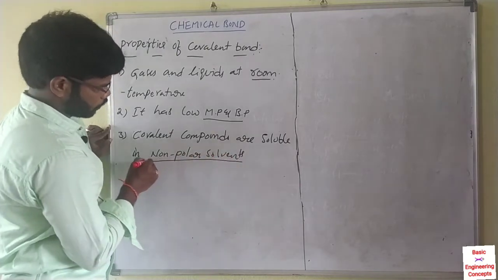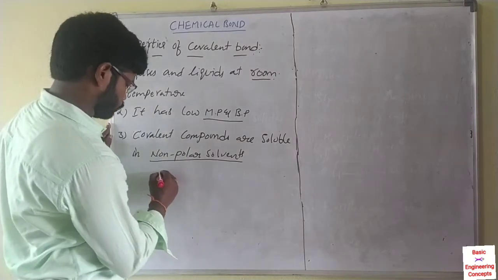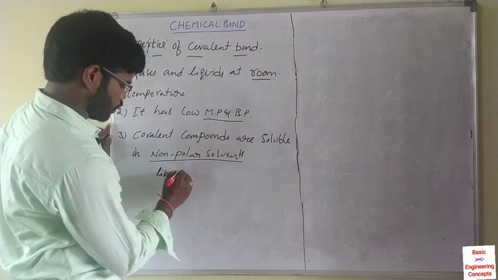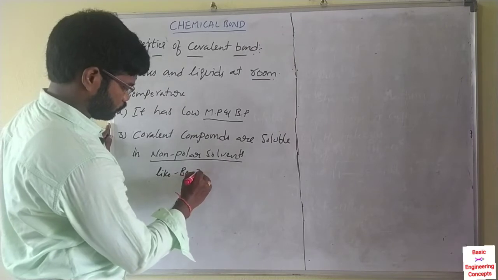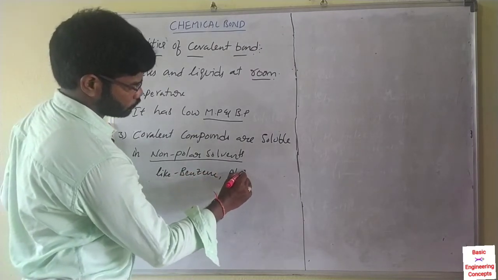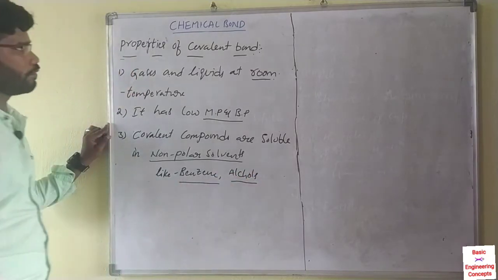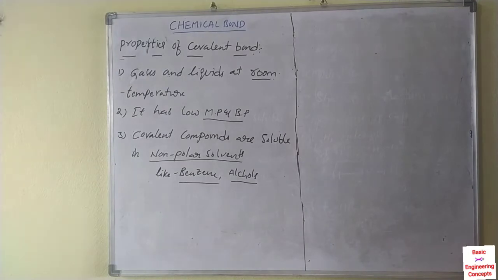This is very important. Non-polar solvents like benzene and alcohol. These are the properties of covalent compounds.